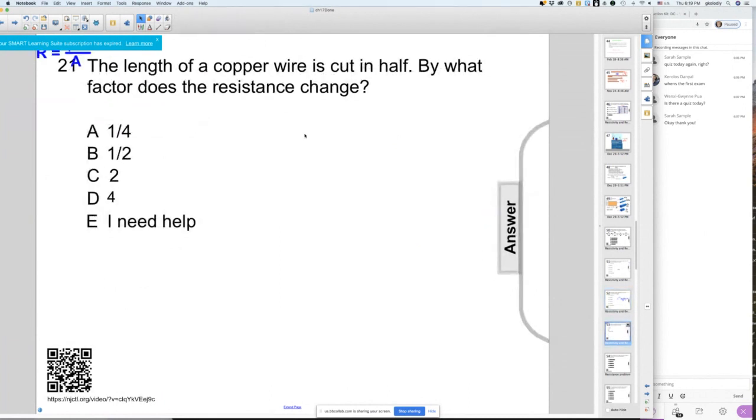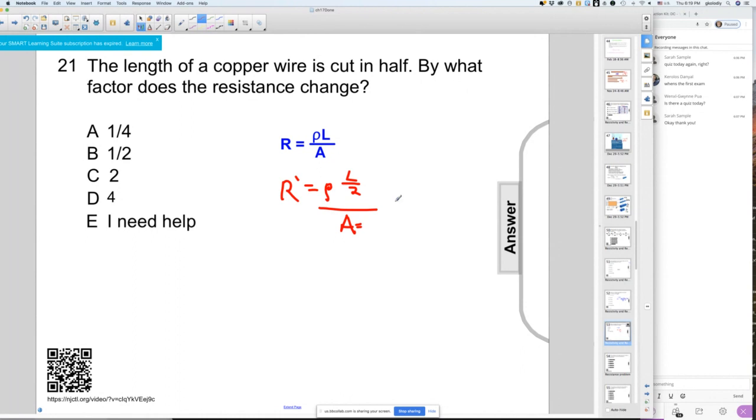So the resistance is given by that formula. The length of a copper wire is cut in half. So R now is going to equal this new R, called R prime, which is going to equal rho L over 2 divided by the area.